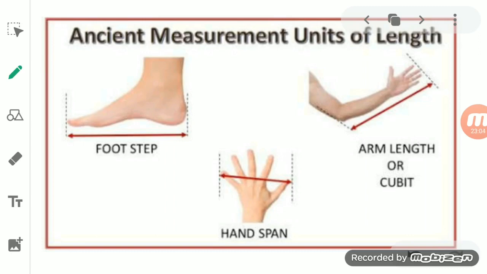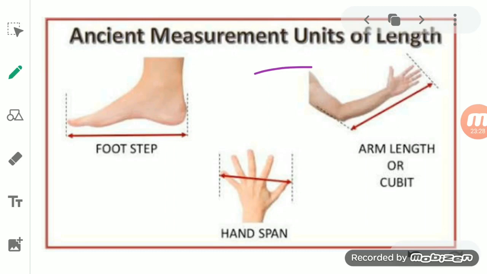Now when we talk about measurement, students, you know that in ancient times people also used to travel and measure different kinds of items or objects. They did not have proper measuring devices. Then how did they measure different objects?